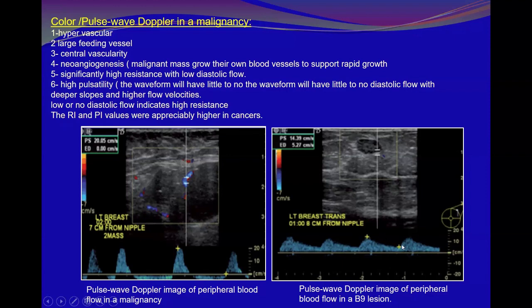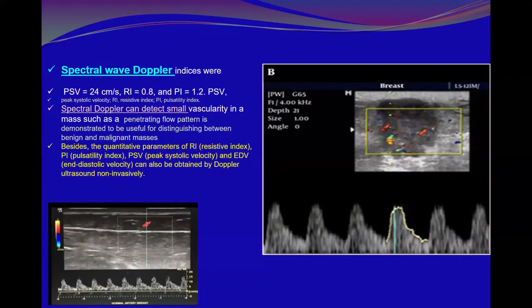Compare it with the benign: the systolic velocity is a little bit low, and there is a diastolic flow. Again, this is a malignant mass. The peak systolic velocity is 24, the resistive index is 0.8, which is more than 0.7, and the pulsatility index is 1.2.